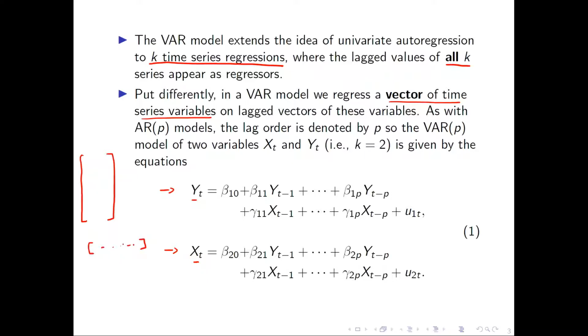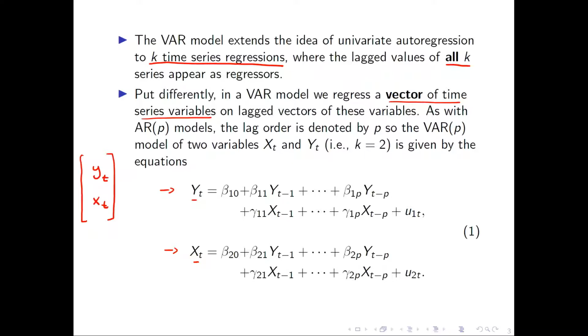Okay, and in this case, we are considering the column vector of time series variables, and in our case, we have the time series variables yt and xt. So this is a 2-row by 1 column vector.